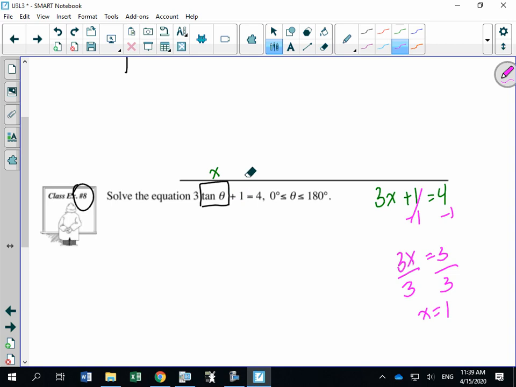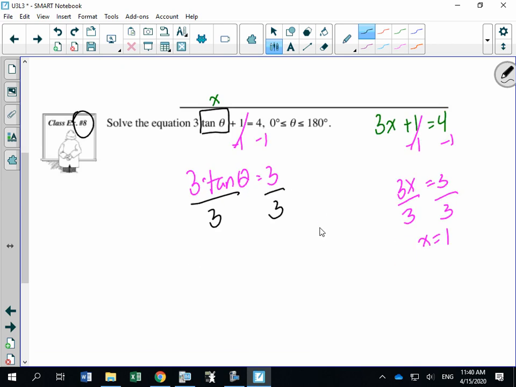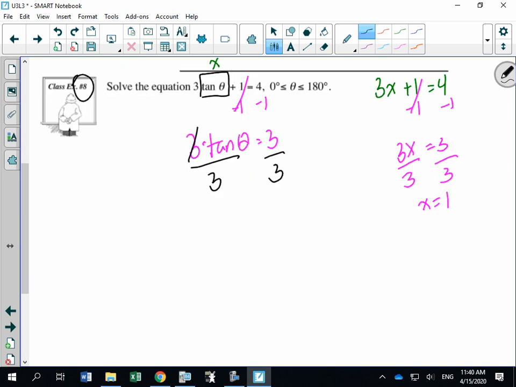So get rid of that plus 1 by subtracting 1 from both sides. Then we get 3 times the tan of theta is equal to 3. From here, let's get rid of that 3 by dividing both sides by 3. And we would get the tan of theta is equal to 1.